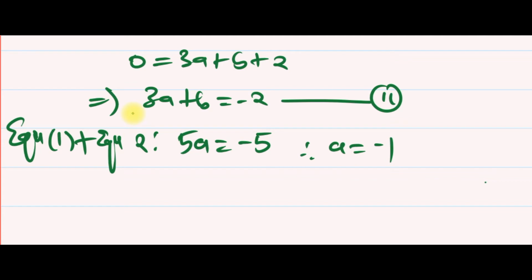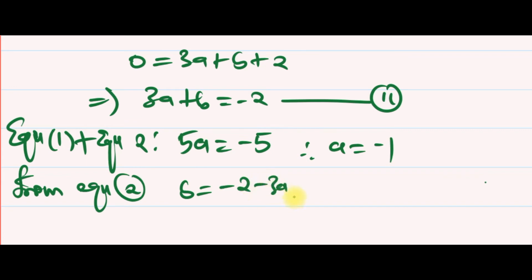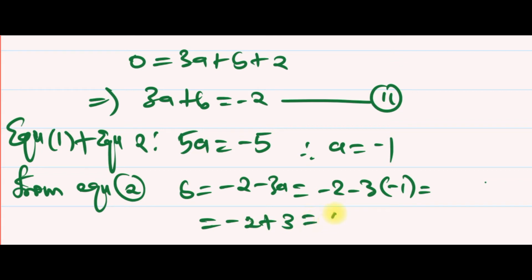To get b, you choose any of the equations and substitute the value of a. So let's choose equation 2. From equation 2, we are looking for b now. b is minus 2 minus 3a, which is minus 2 minus 3 times minus 1, which is minus 2 plus 3, which is 1.